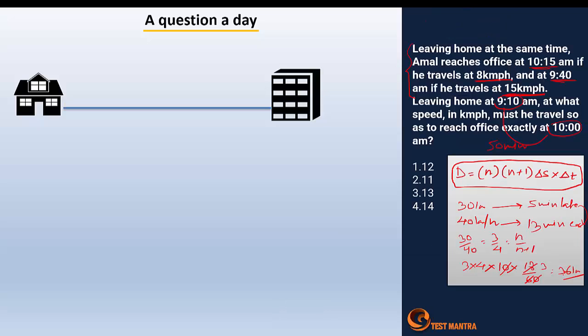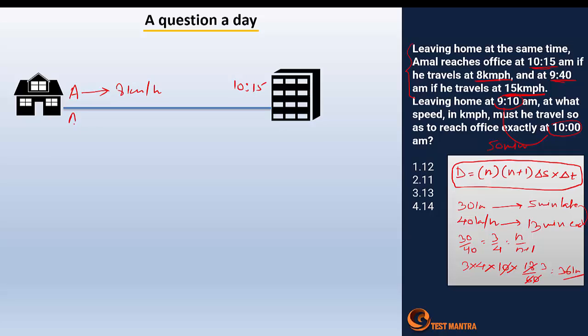So let's go by the information here. It's given this person A. He moves with the speed of 8 kilometers per hour and he reaches here by 10:15.